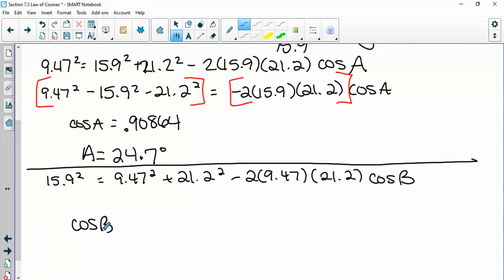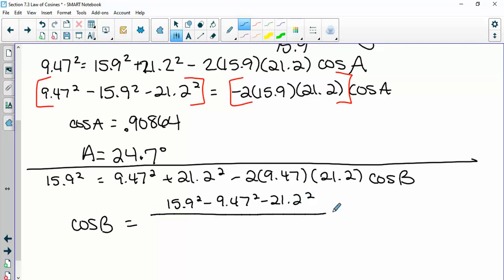Okay, when you are plugging this in, you're subtracting over those terms and dividing by the rest.